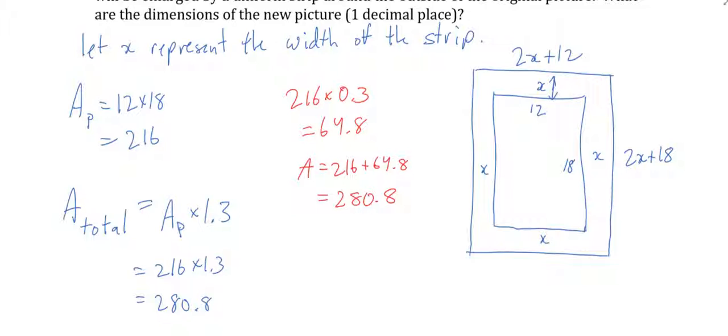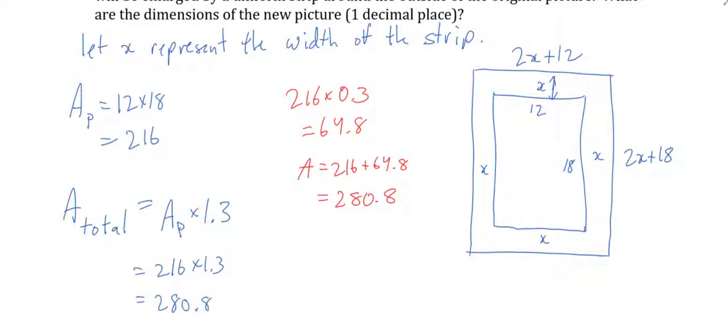Finding a percentage increase or percentage decrease of something is really useful. Because if the cost of something that you're going to buy has been increased by 10%, you'll know what it is. Or if it's on sale for 15%, you'll know how to find the sale price, all those kinds of things.